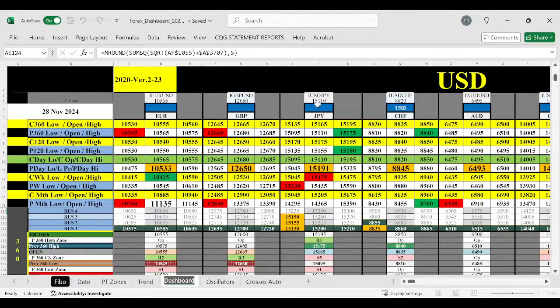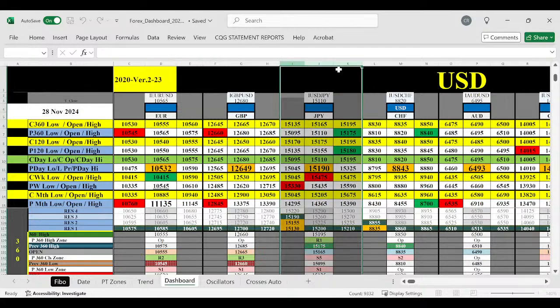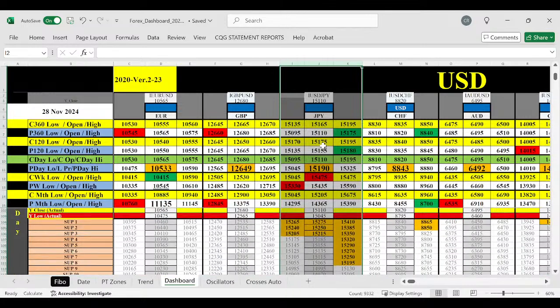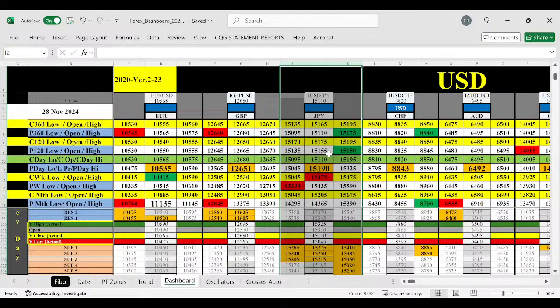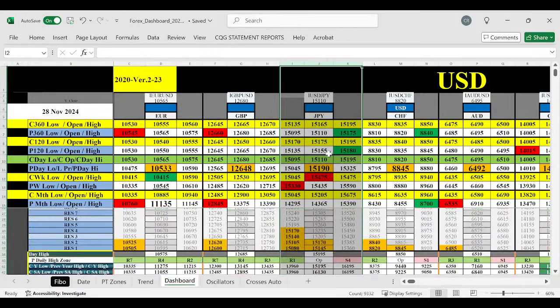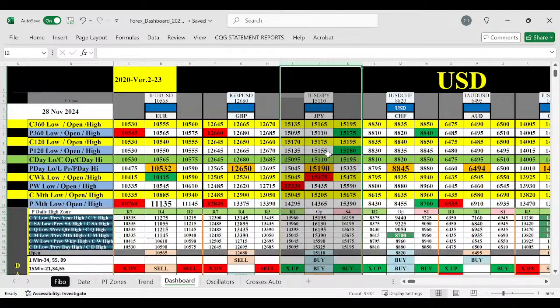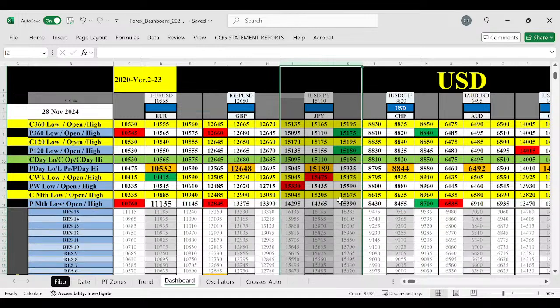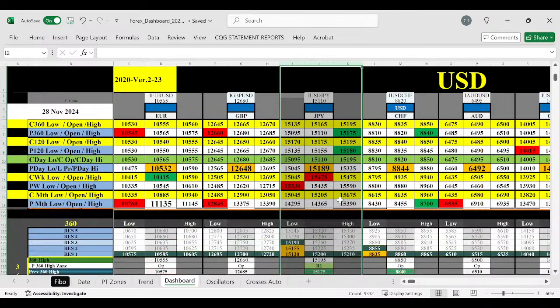Okay, let's see what is the level. Daily 152.40, 50. Okay, 152.30. Yeah, 152.30 and 152.60. Okay, but we don't know whether the price is able to reach that price.